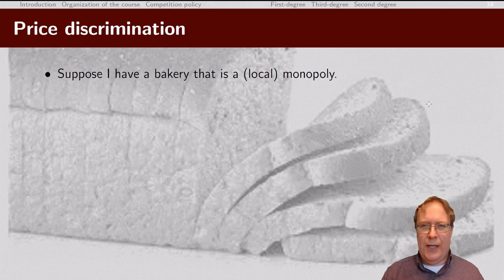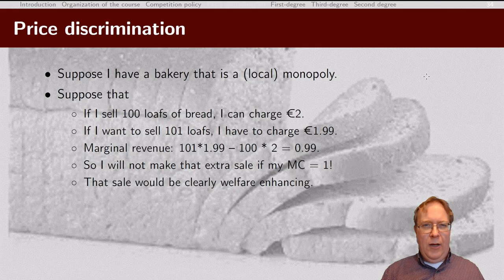So suppose that I have a bakery at the Seneca complex, and that bakery is a local monopolist. So I can just decide which prices I'm going to set. I don't have to worry about any competitors. Suppose that I face a downward sloping demand function, of course, and that is such that if I would sell 100 loaves of bread, then I could charge a price of €2.